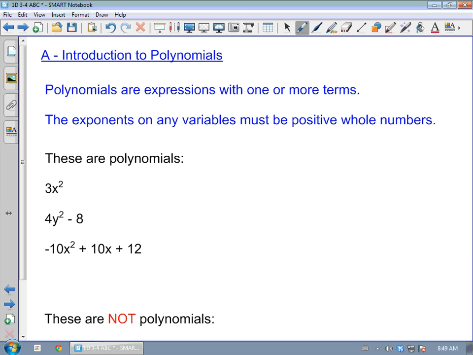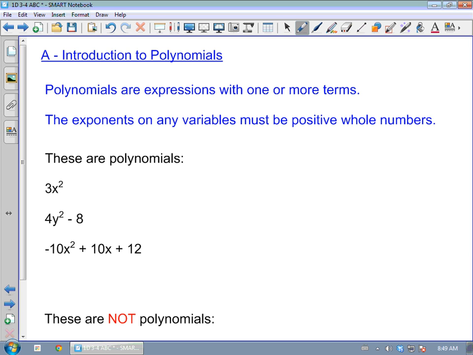They can have 1, 2, 3, 4, 5, any number of terms that you want. The only thing that has to be true is that the exponents on these variables must be positive whole numbers. So I've got 3 examples right here of polynomials.